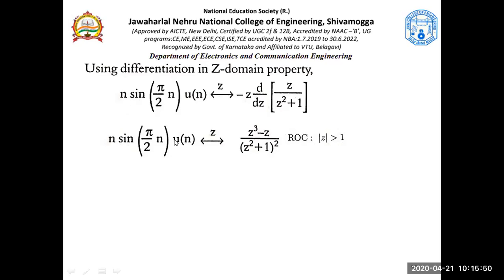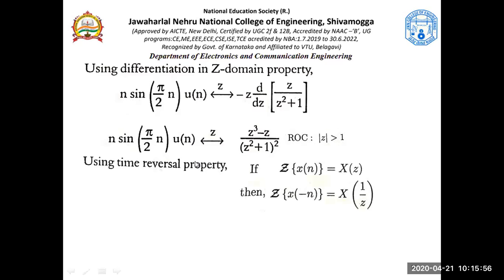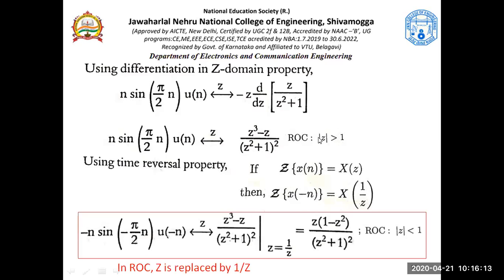Now we shall introduce the minus sign, replacing n by minus n. Replacing n by minus n, we use the time reversal property. If x of n is x of z, then x of minus n is x of 1 by z. That means you introduce the minus sign and replace all these z's by 1 by z, and this z also by 1 by z. That is what is done here.